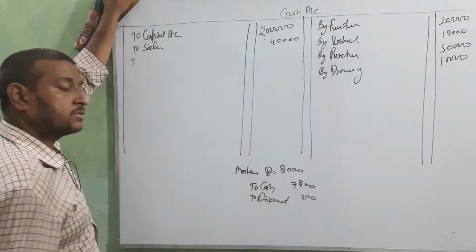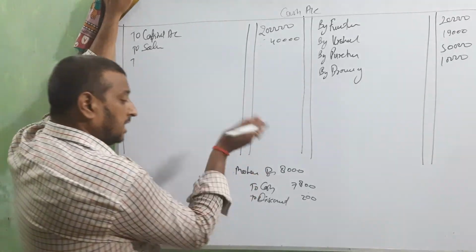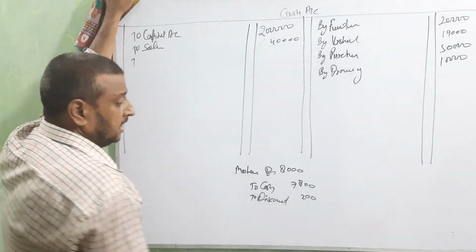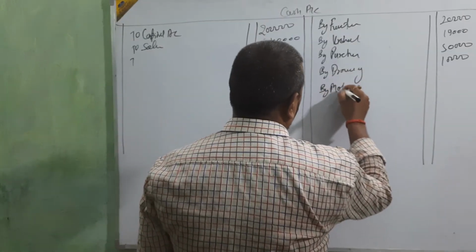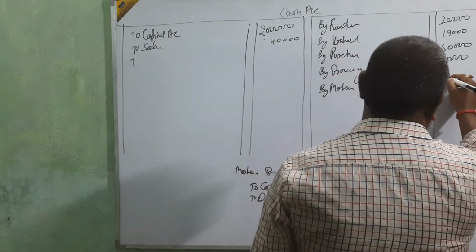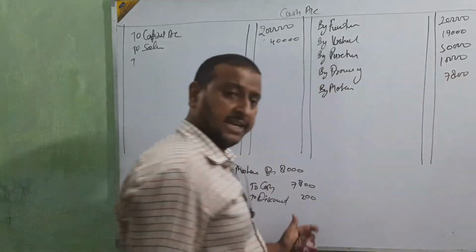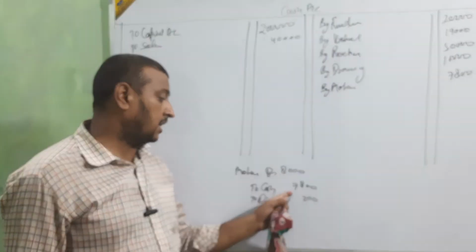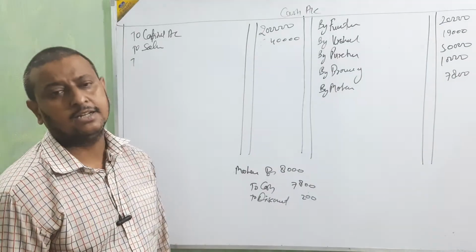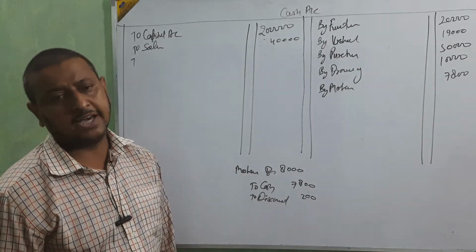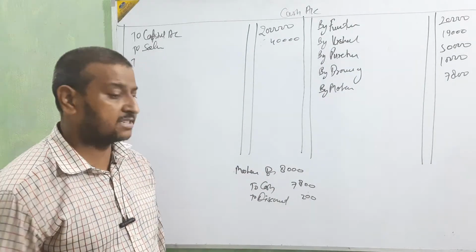Here again cash is what? Credit. It means its opposite, Mohan, will credit with the amount of 7,800. Okay beta? Clear? Cash account credit, so Mohan will credit with the amount of 7,800. In front of cash, whatever amount is there, we are going to take that amount. Okay, next.